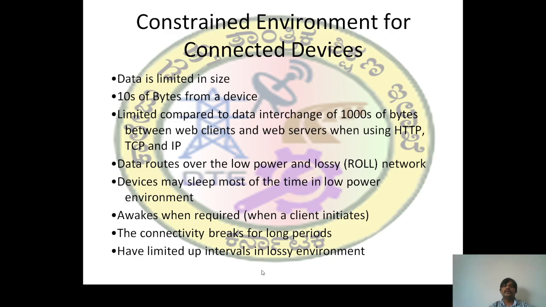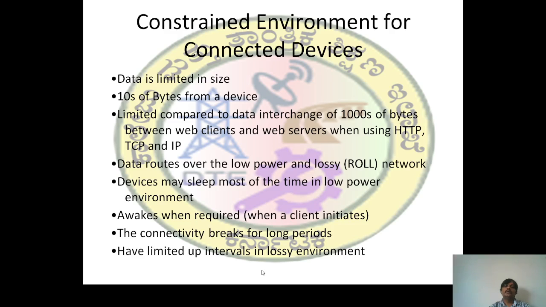Constrained environment for connected devices. Here the data is limited in size, tens of bytes from a device, limited compared to data interchange of thousands of bytes between web clients and web servers when using HTTP, TCP and IP.